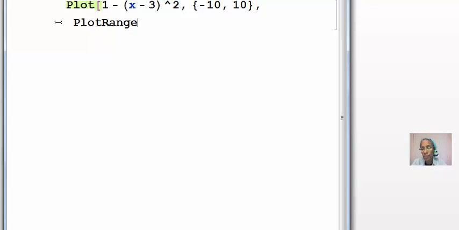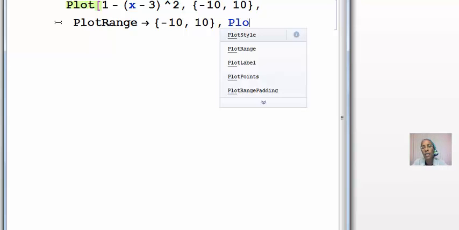And I use a dash and the shift of the period, and it'll turn into an arrow when I type my next entry. I want to take y from -10 to 10. Now this may or may not be a good range for my y, so when I look at the graph, I'll tell it that.